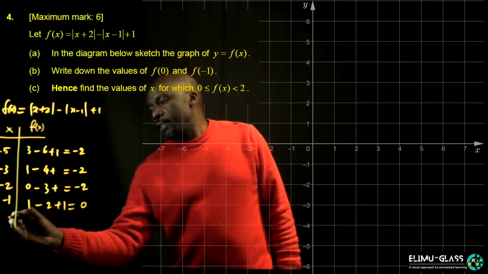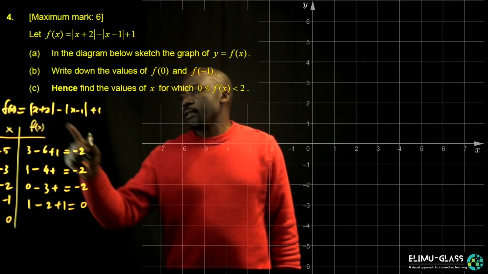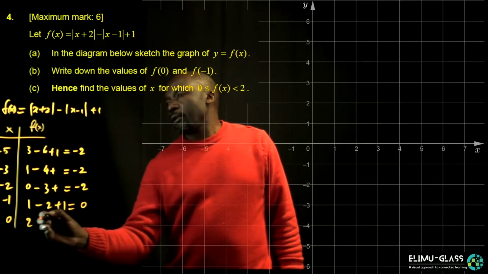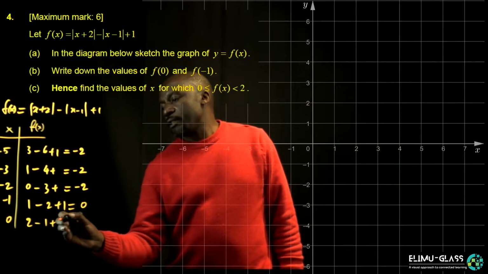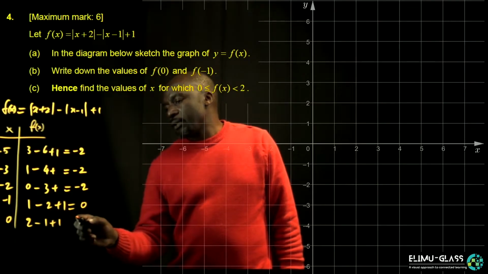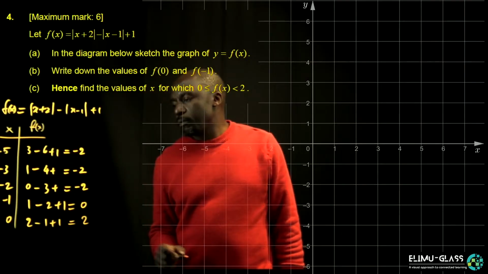And then when x is 0, I have 2 minus 1 plus 1, so I get a 2.